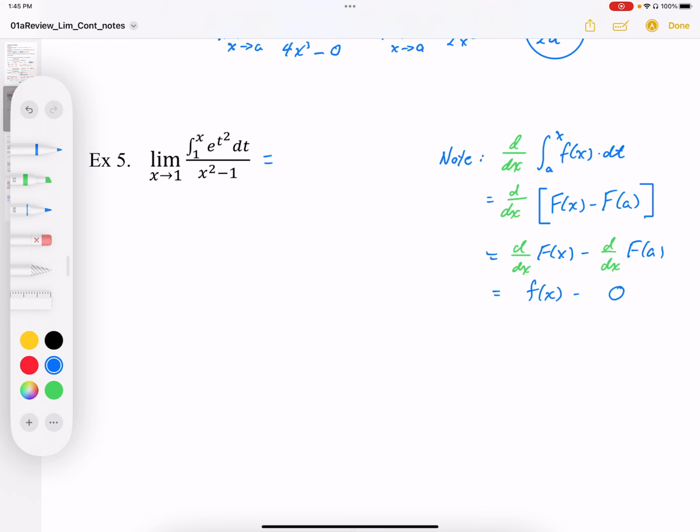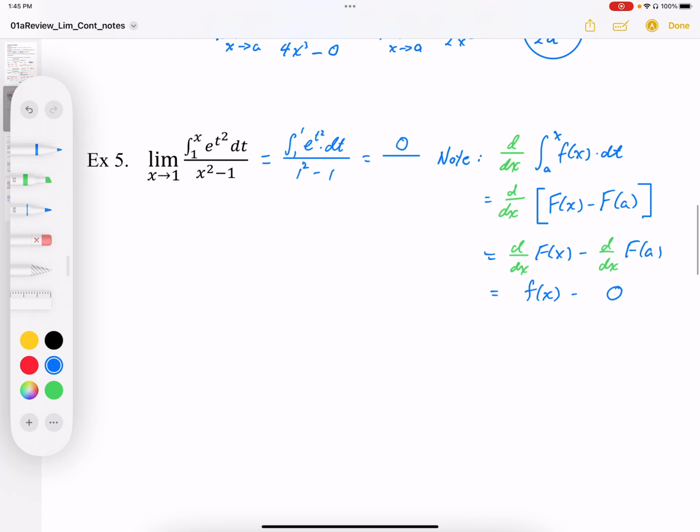Well, if the area is from 1 to 1, under any integral, that area is going to be equal to 0. So that's going to be 0. So we have that the numerator is 0, and when I plug 1 into the denominator, 1 squared minus 1 is equal to 0. So that's fine.